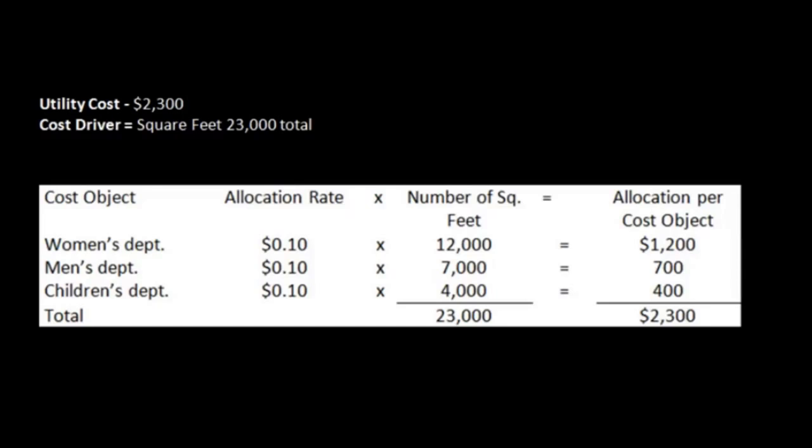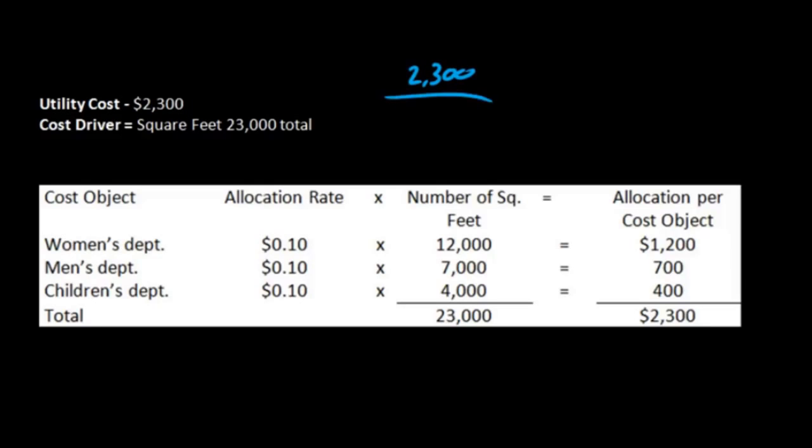Maybe the women's department might say that we'll give up some of our square footage to the children's department, so that they don't have to have as much square footage and they don't get allocated as much utility costs. So we know the utility cost is $2,300, and we know we are going to allocate it based on the square footage.